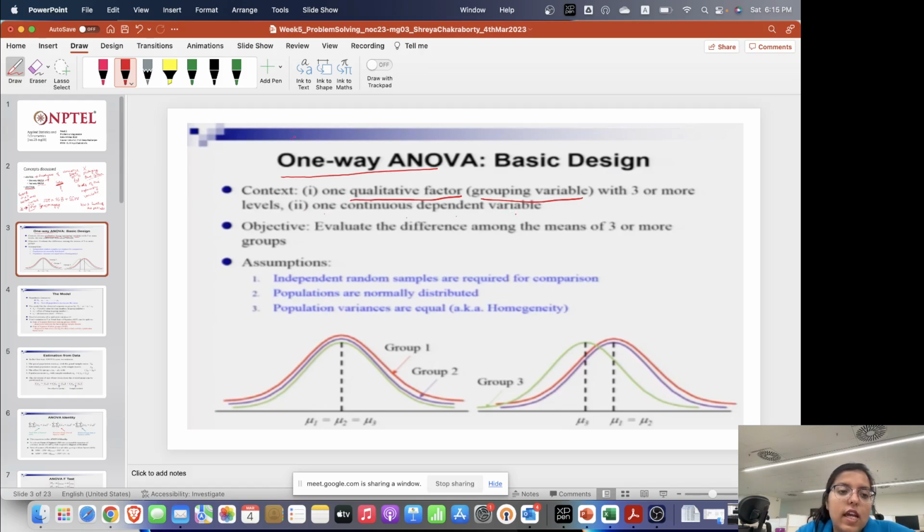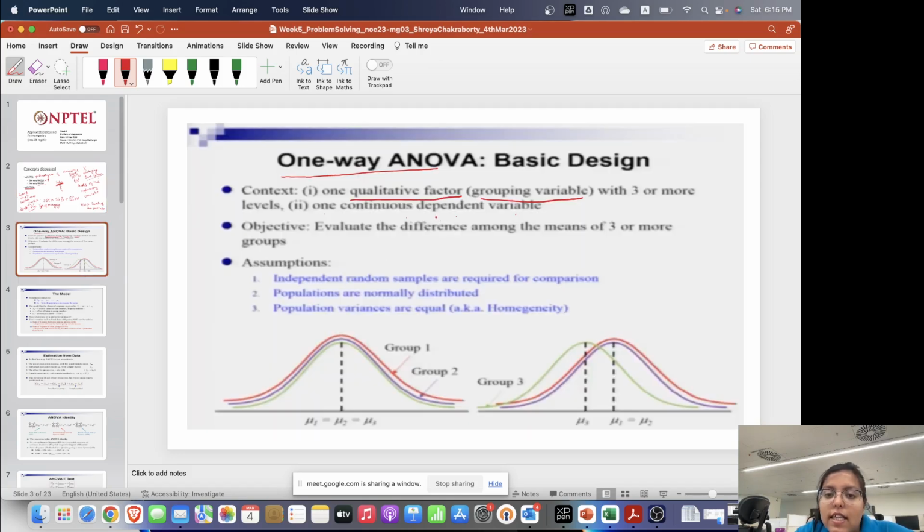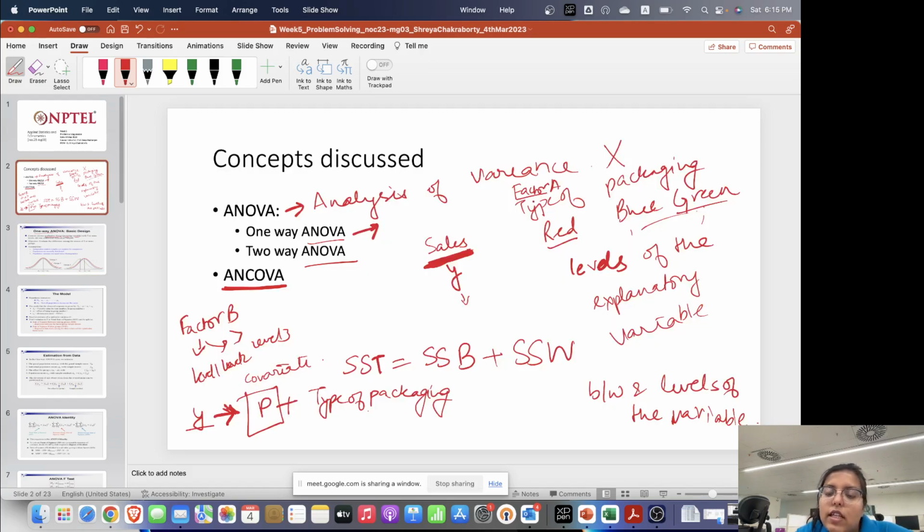For this sales example, sales is the continuous variable which we are modeling as a dependent variable. And as an independent variable, we have this qualitative variable, type of packaging, and the levels are red, blue and green. So here we have 3 levels. We could have 2 or more levels.